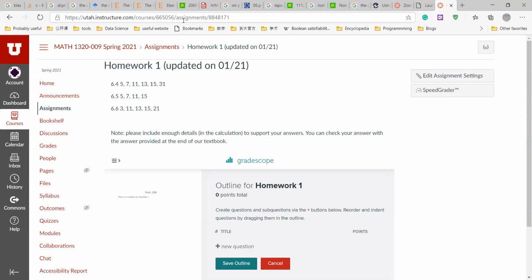And right. So today we are going to talk about the work. The title of section 6.6 is the application of integral in physics and engineering, but we will only focus on the work done by a force.